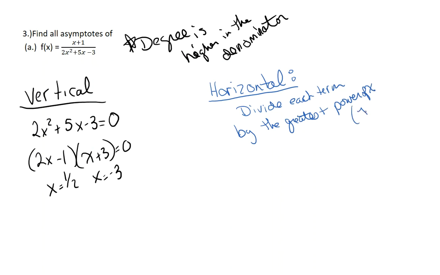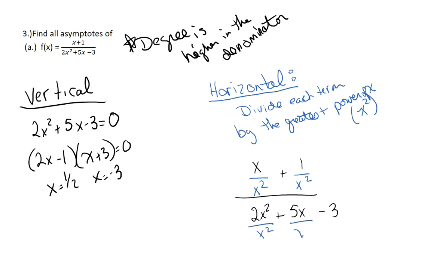In this case, it would be x squared. So I have x plus 1, and then I add 2x squared, 5x, and then -3. We're going to divide each one of those terms by x squared, the highest power of x.